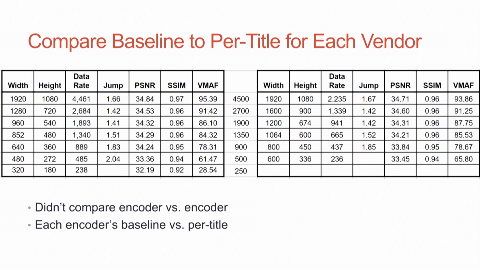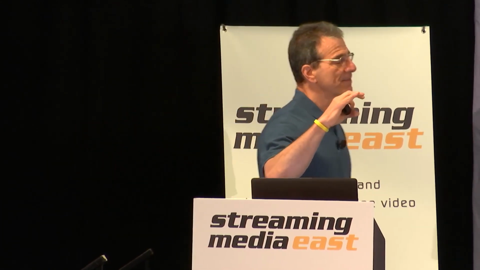The first challenge was, how do you compare 2 encoding ladders when this one, which can reduce the number of rungs in the per title encoded streams, doesn't have a 250 kilobit per second stream at 320 by 180. So some of the technologies actually reduce some of the rungs from 7 to 4. So it's like, what do you do then? And what I came up with, I'm kind of getting ahead of myself.